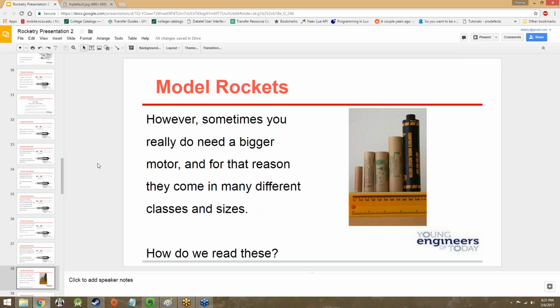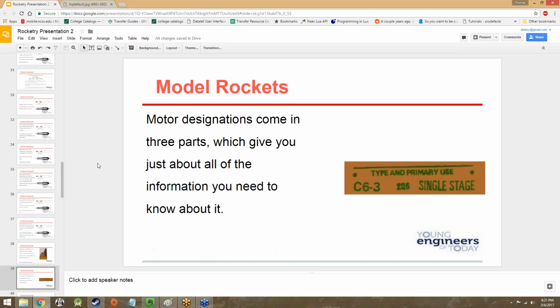But sometimes you really do need a bigger motor, and so for that reason, they come in many different classes and sizes. And there are classifications for these things. So how do we read these classifications? Most classification designations come in 3 parts, which give you just about all the information you need to know about it, like in this example over here on the right.